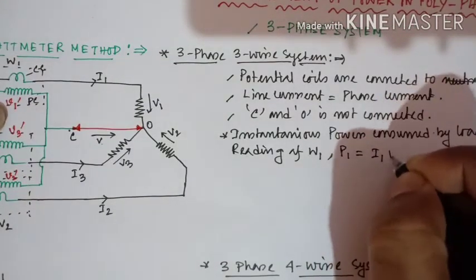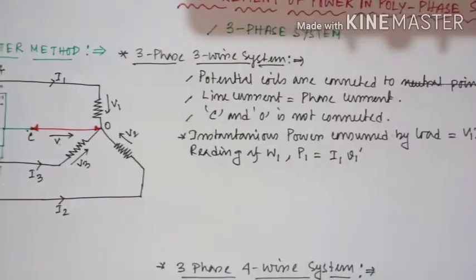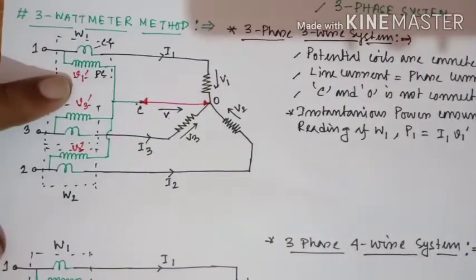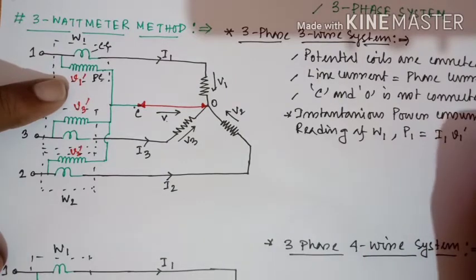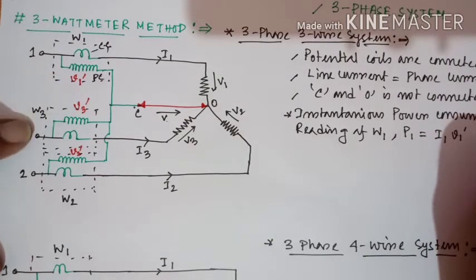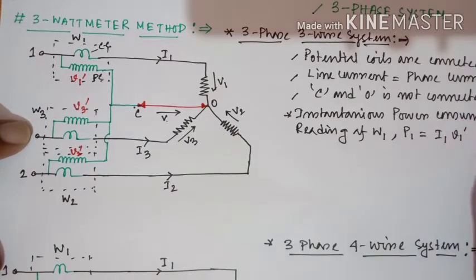Similarly, the power measured by wattmeter 2, P2, is equal to I2 into V2 prime.